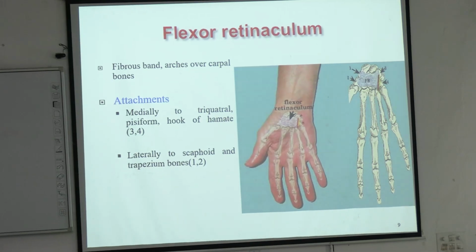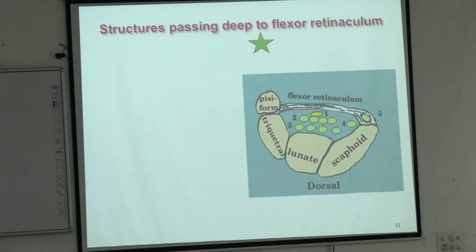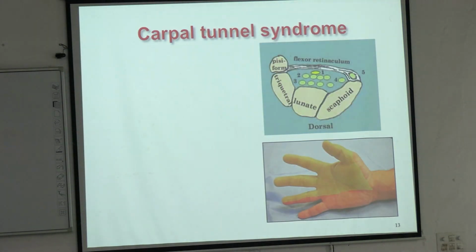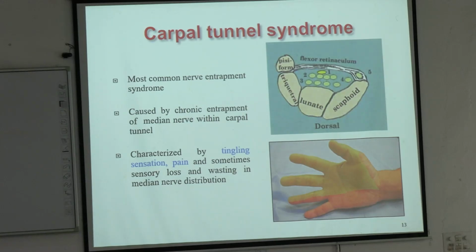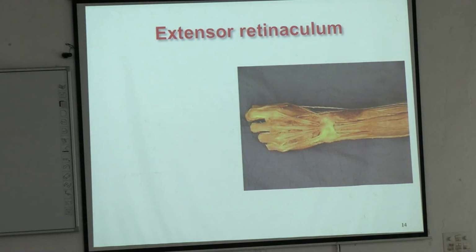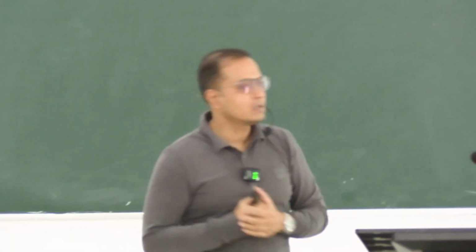And if you have superficial injuries in this region, we have ulnar nerve injuries. So this area is frequently tested in examination. Prepare this very well for your examination: carpal tunnel syndrome and its consequence, and injury to the superficial part of the wrist on the ulnar side, leading to ulnar nerve injury.